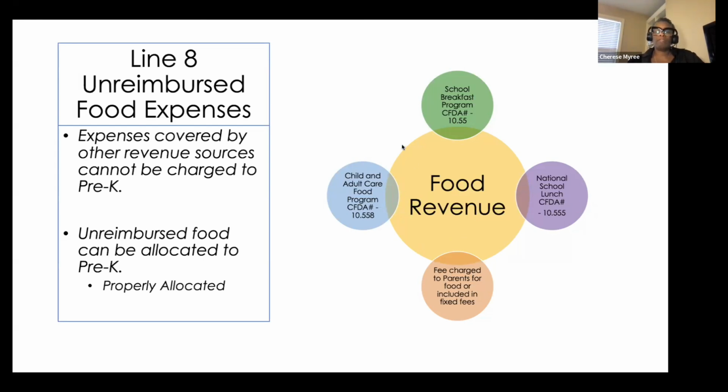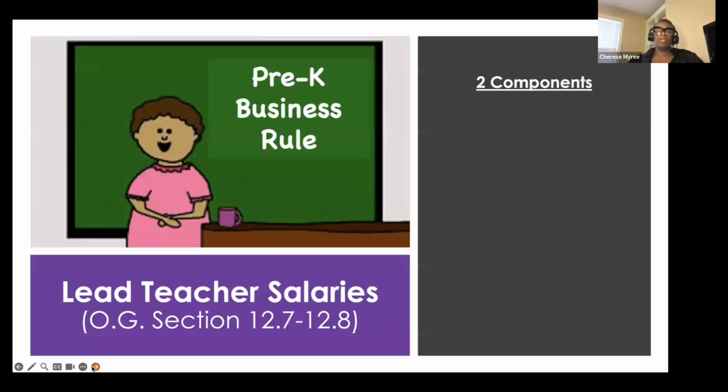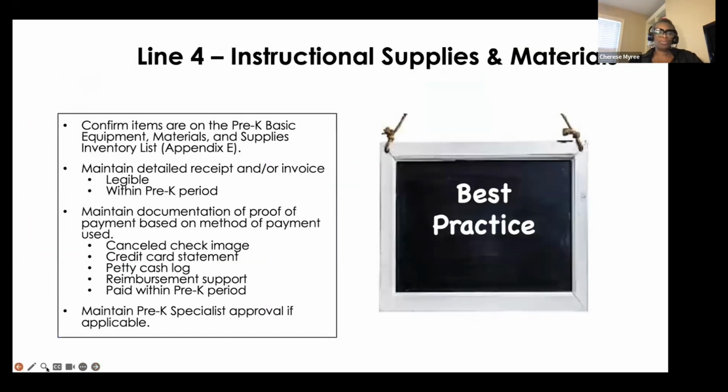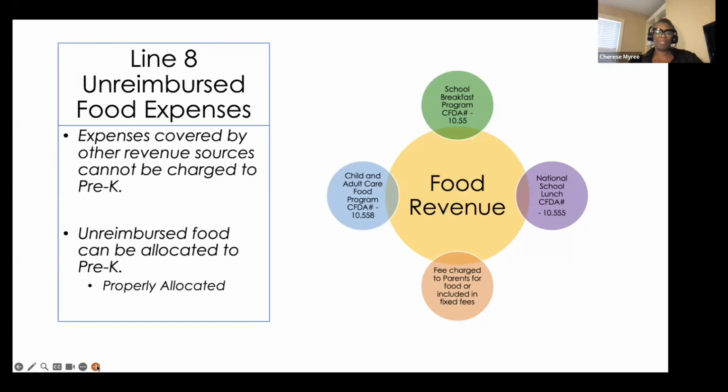So once you identify how much money you're already receiving for food, then you want to take your expenses, and once you subtract those from the revenue, whatever is left will be considered unreimbursed food.